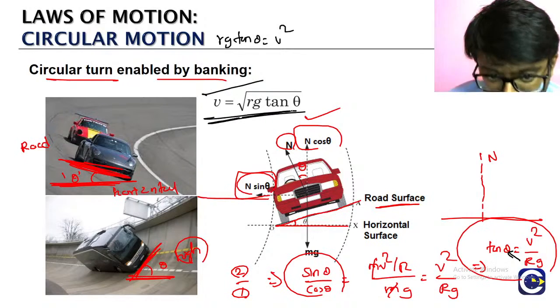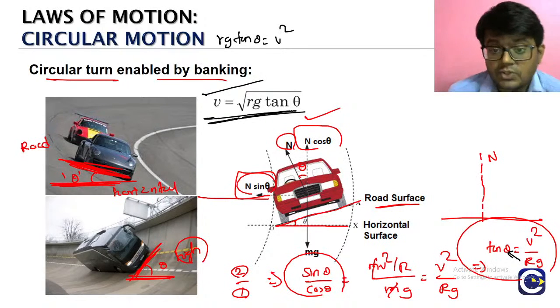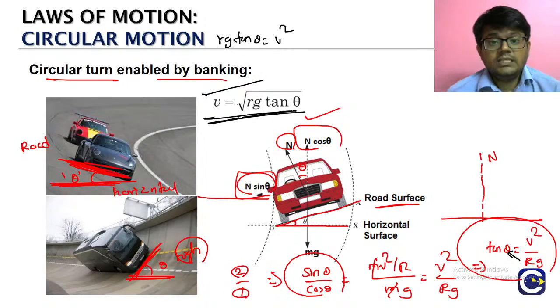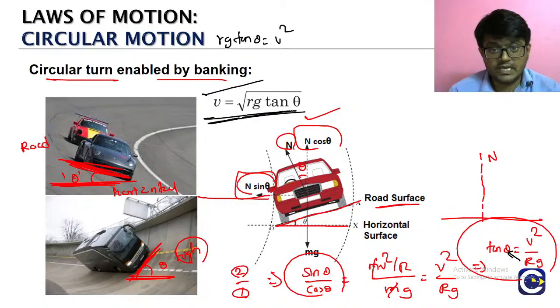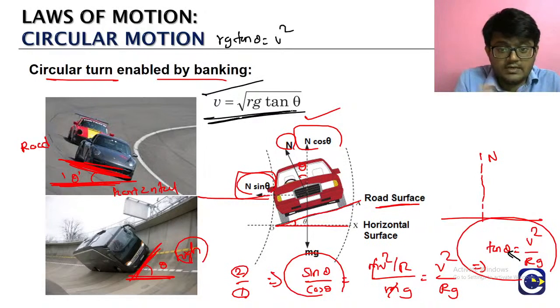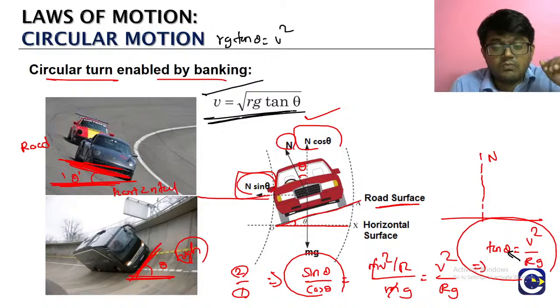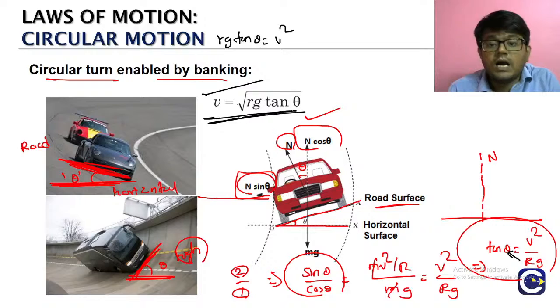We will also call it the safe speed. If you already have a road which is banked with some angle of banking, and the circular turn radius is already fixed, then for that configuration, what is the safe speed we can have? V is equal to root of rg tan theta.